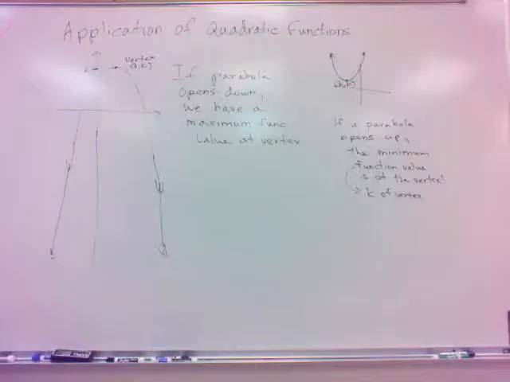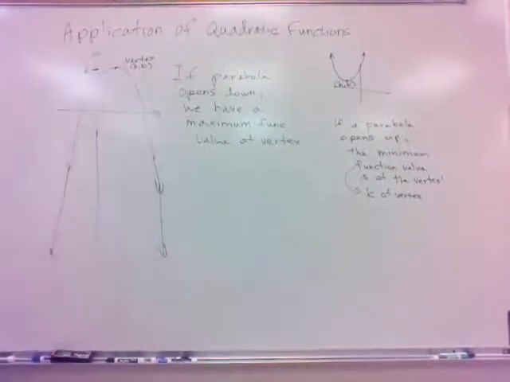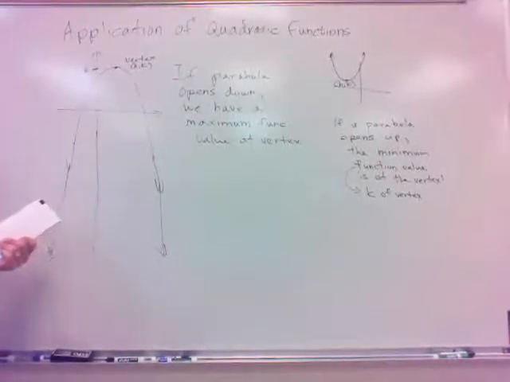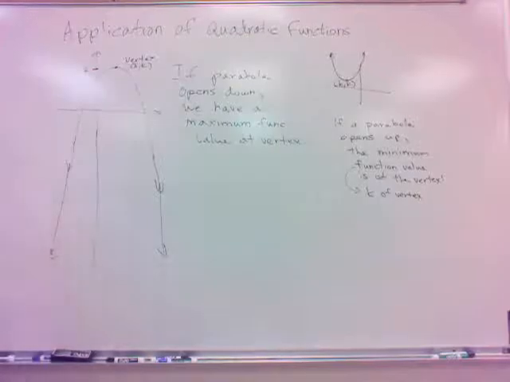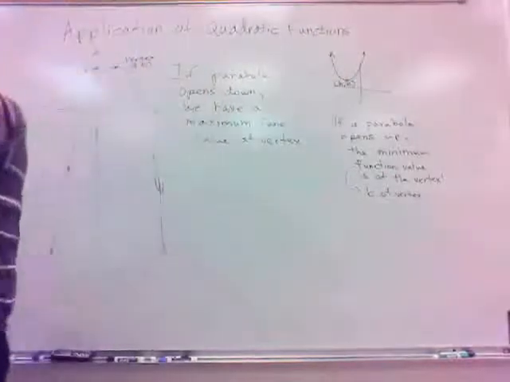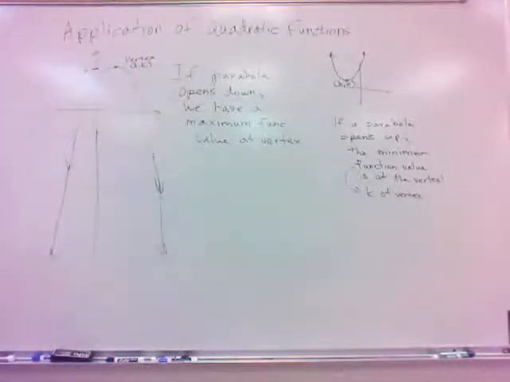Yeah, so that's going to be our application here, we're going to find some minimum or maximum values depending upon whether the parabola opens up or opens down. We can find one or the other. Now if it opens down, there's no minimum. If it opens up, there's no maximum for the entire function. So it's one or the other.